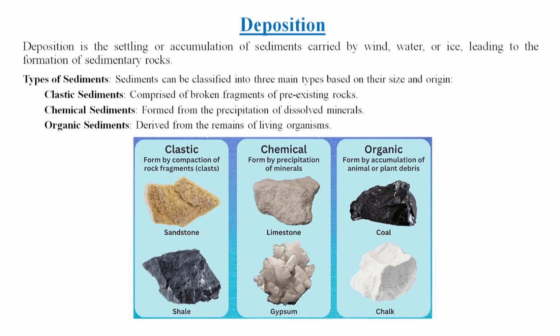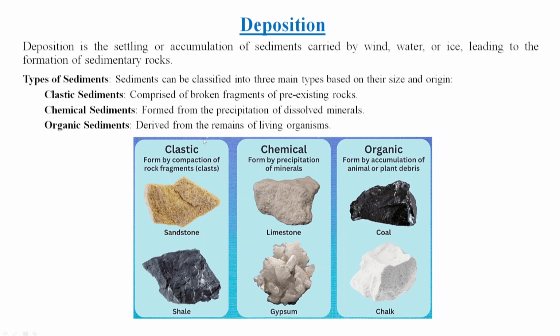So the types of sediments that get deposited under the action of any agent of erosion will be classified into clastic sediments, chemical sediments, which are also referred to as non-clastic ones, and then organic sediments. Clastic sediments are comprised of broken fragments of pre-existing rock. Chemical sediments are formed from the precipitation of dissolved minerals. Organic sediments, on the other hand, are derived from remains of living organisms, like I was discussing about the hard parts of different shells that have now settled down on the ocean floor.